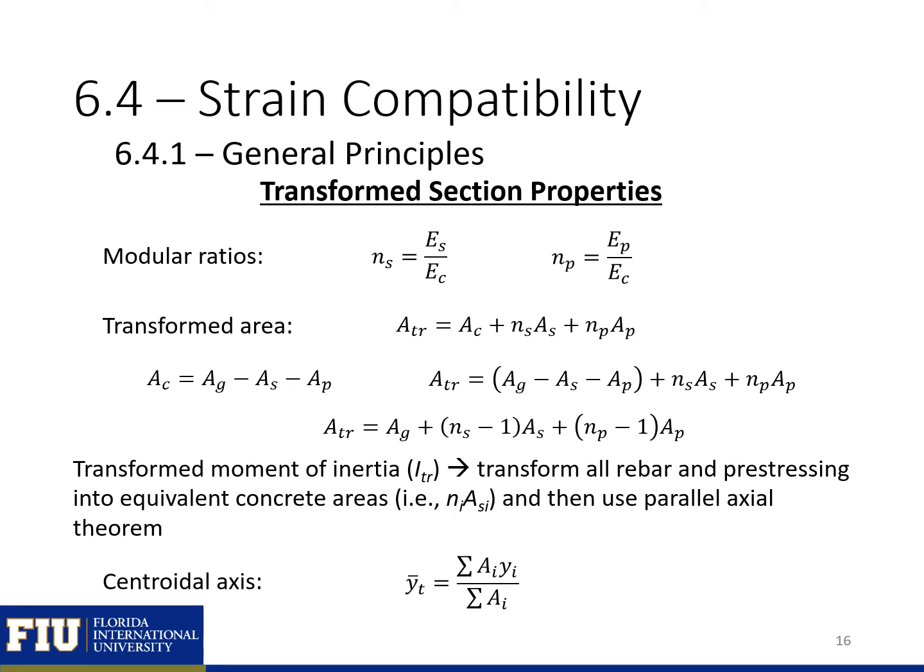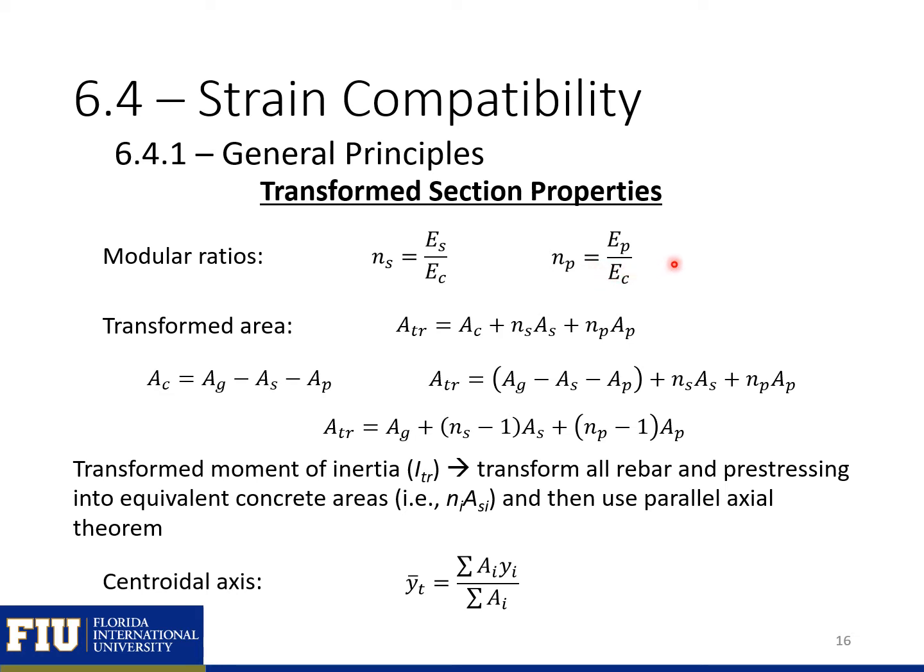To simplify our calculations further, we will transform our steel and pre-stressing into equivalent areas of concrete using our modular ratios. These ratios are just the stiffness of the steel divided by the stiffness of the concrete for the steel modular ratio. And for the pre-stressing modular ratio, we're taking the modulus of the pre-stressing divided by the modulus of our concrete.